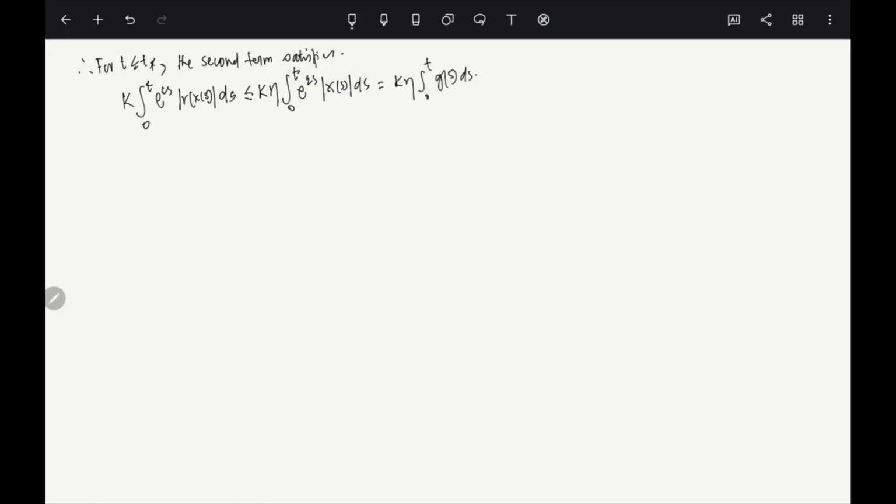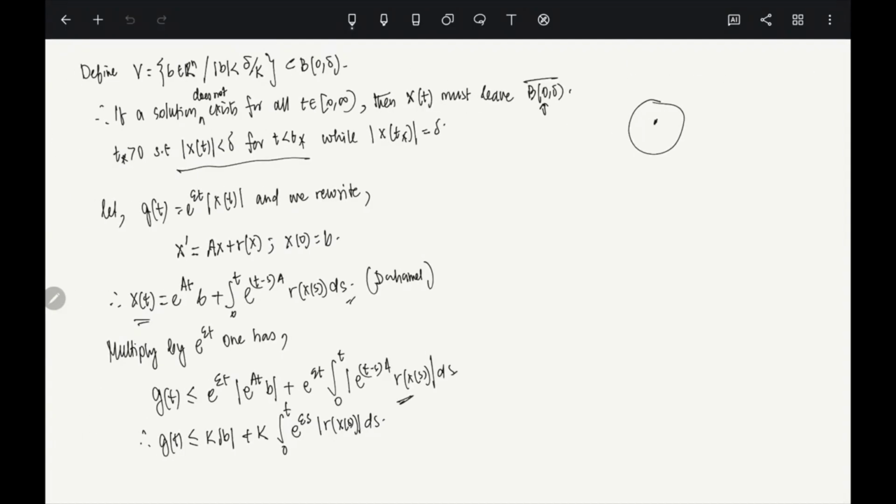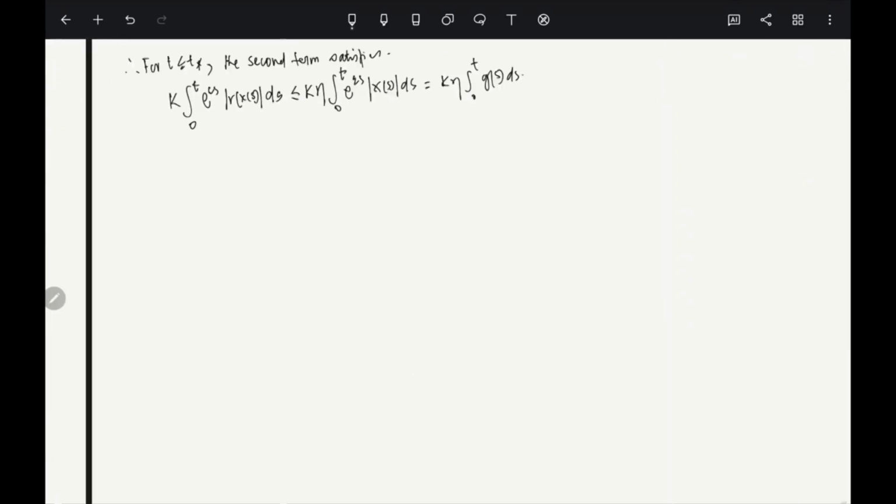I hope this is clear. Is it fine? I'm just writing this part there. See this particular second expression.